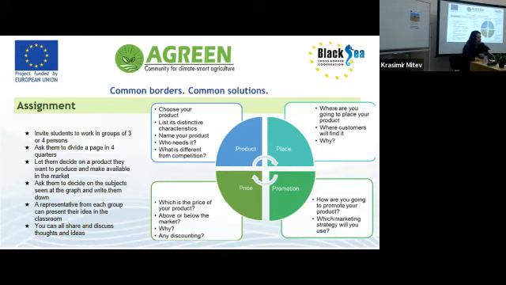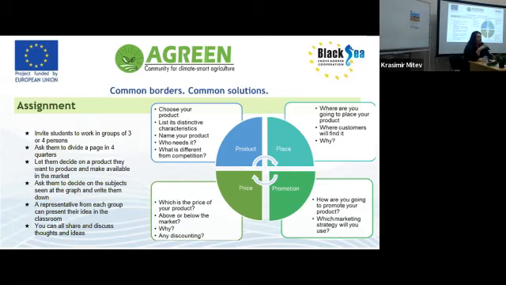You should invite your students to work in groups of 3 or 4 persons, depending on the total number of students. You ask them to take a page, divide it in 4 quarters and write in each quarter the label product, place, price, and promotion.